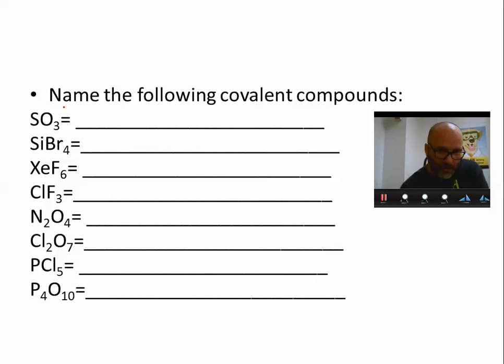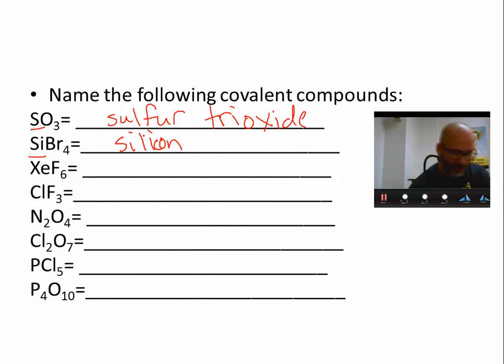S is sulfur. There's only one, so we don't say monosulfur. 3 is tri, and O is oxide. So sulfur trioxide. Next, silicon. Only one, so we don't use a prefix.